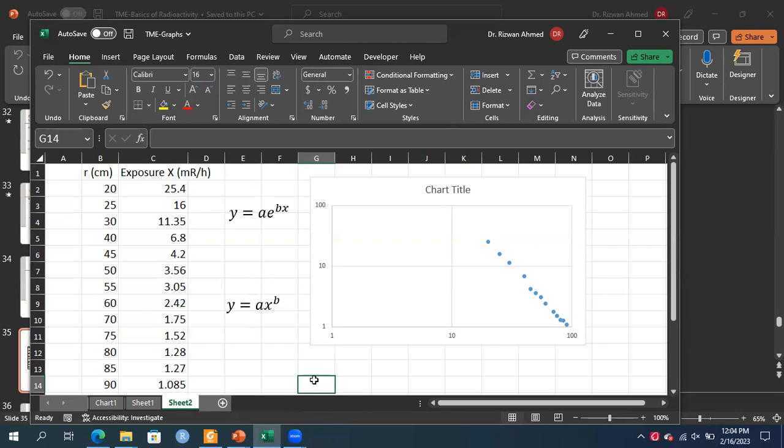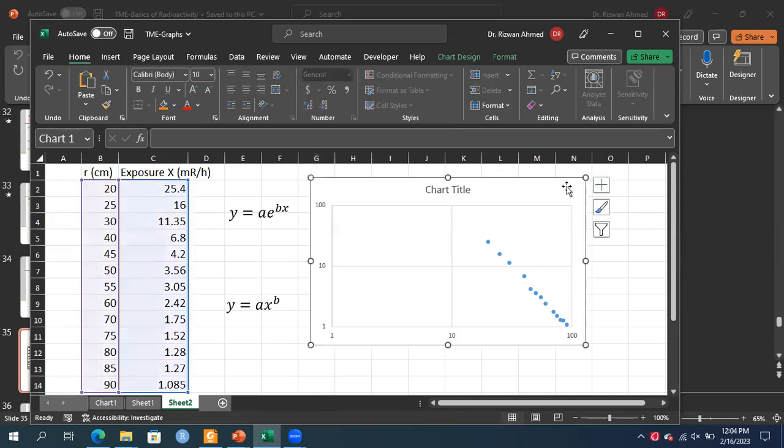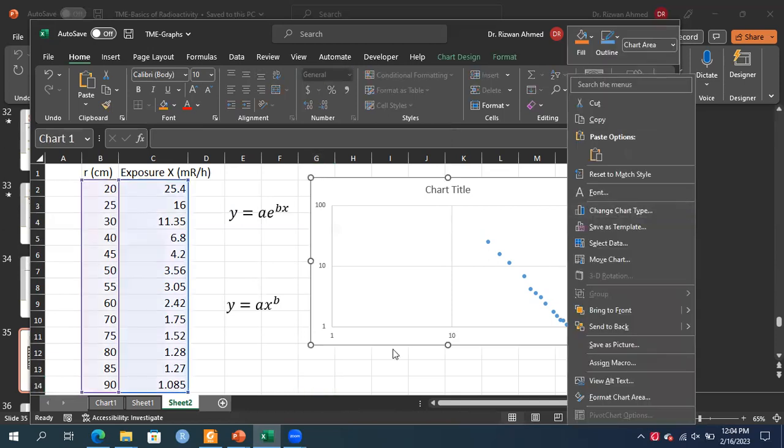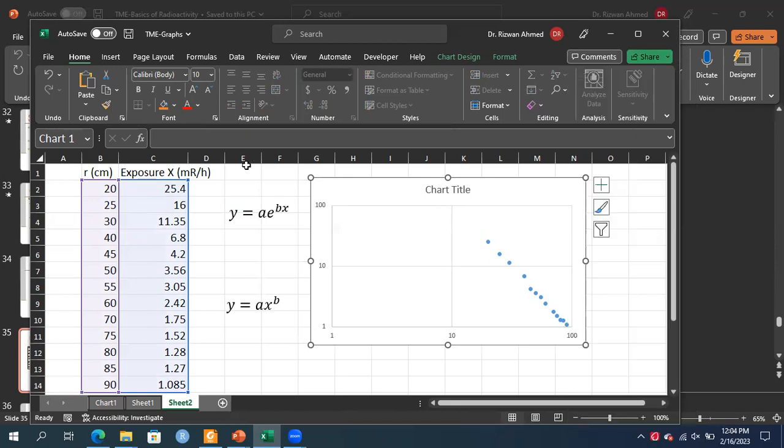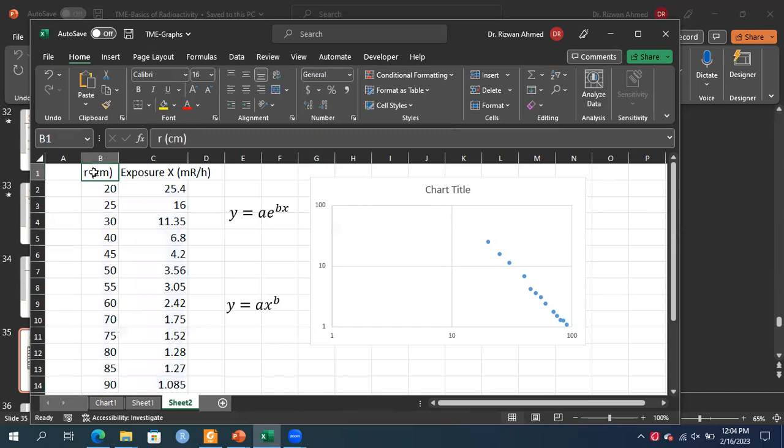And the other strategy is instead of changing the scale of the graph, right, change the values of the data points. So now let me do that in another sheet.